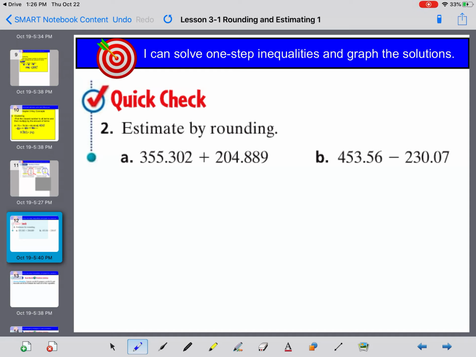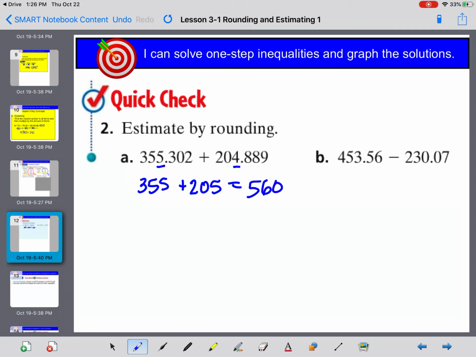When I was doing this problem, I decided to round to the nearest whole number. 355 plus 205, and when I add those together, I get 560. Yes, that's right, 560.